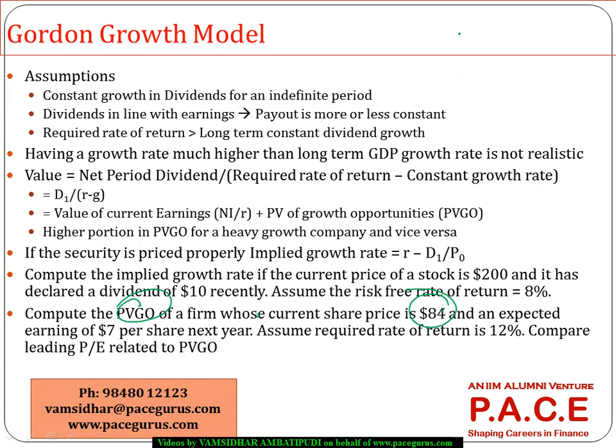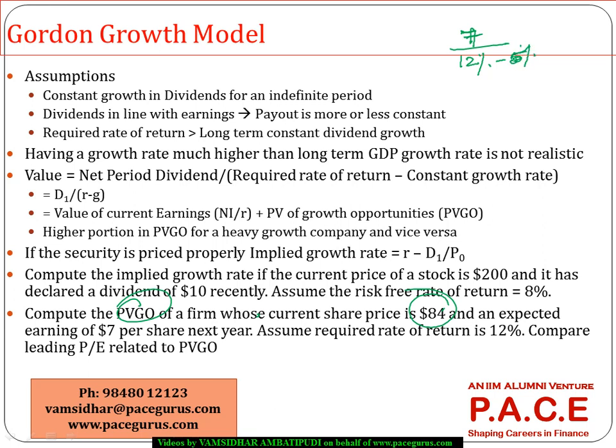So D1, if I am assuming that the next period D1 is going to be 7, by R minus G. Let's assume D1 is 7, R is 12%, and let's say G is 5%.